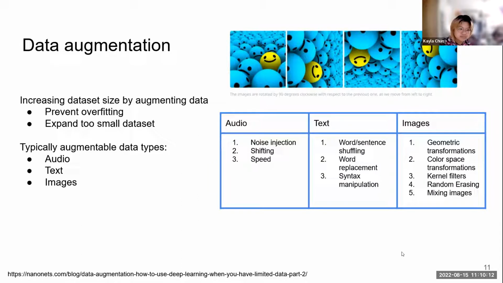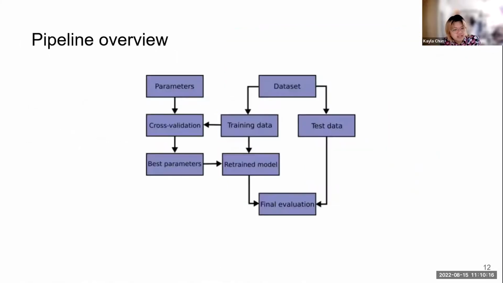We'll go over this a bit more later. But in general, once you have your data set, augmented or not, and you want to put it into the machine learning pipeline, you first train your model, and then you have to validate it and see how it does. So how do you do that?